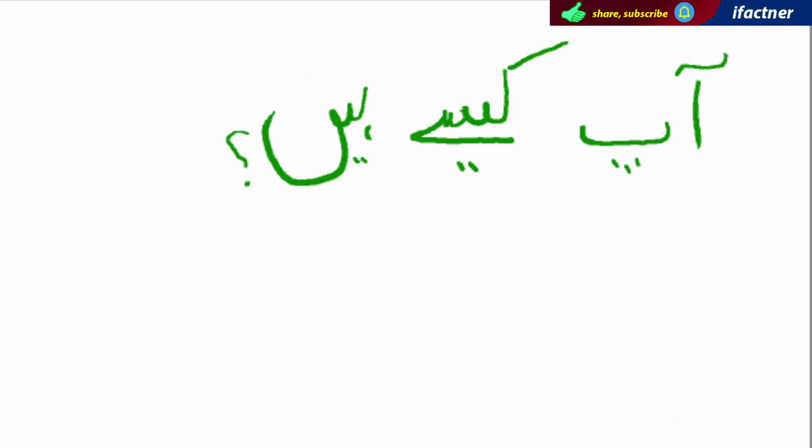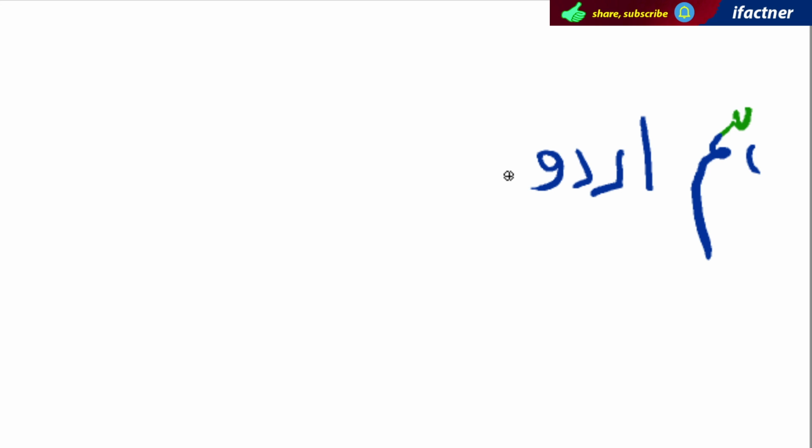And now we will see how do we write this sentence in Urdu. So first we will start with hum, which is he and meme. He and meme. Let me change the font color so we can write it. Hum. He, meme, hum. Urdu is alif, re, dal, waw. Urdu.